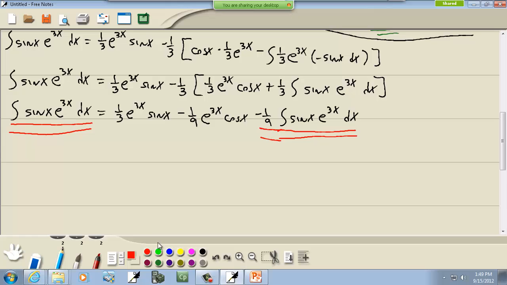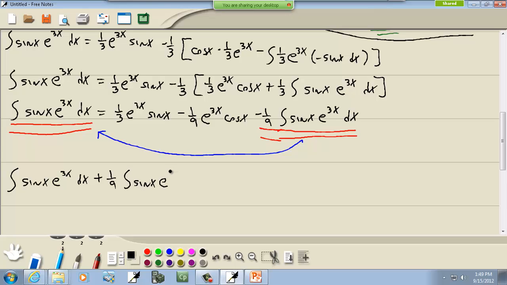Since they're the same, we're going to treat this as a variable and move it over to the left side. So this carries down: the integral of sine x e to the 3x dx. The negative 1/9 of that I bring over, and it becomes a positive 1/9 times the integral of sine x e to the 3x dx.